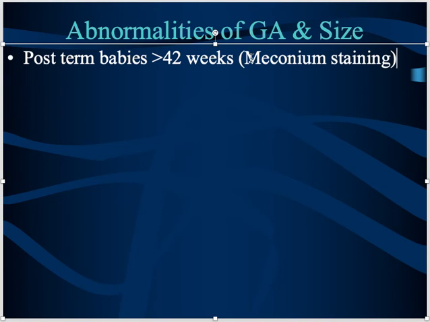Whenever the amniotic fluid is stained with meconium, it can give rise to different problems. This meconium fluid can go inside the lungs and cause something called meconium aspiration syndrome.